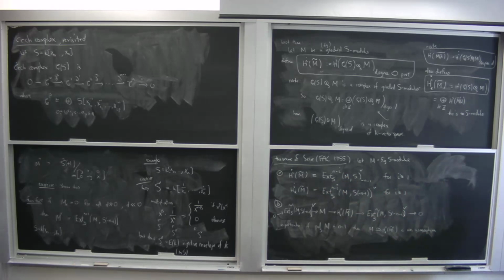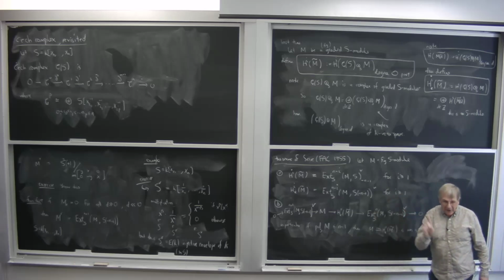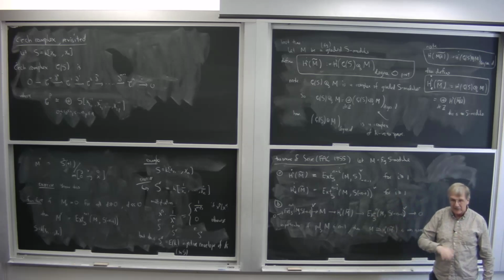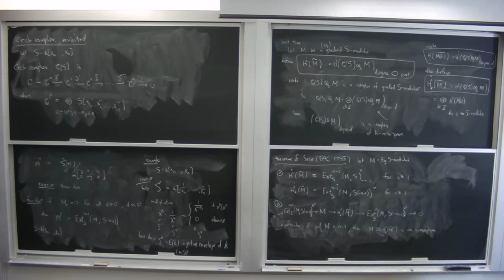And this turns out to be a pretty good way of actually computing these things. There's a better way that we're going to learn in a few classes from now, which is the Bernstein-Gelfand method. But nonetheless, this is a really good way.